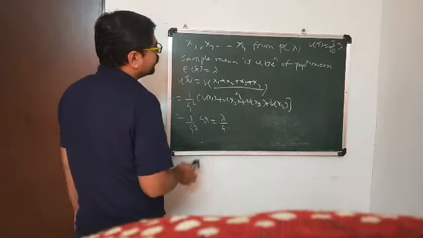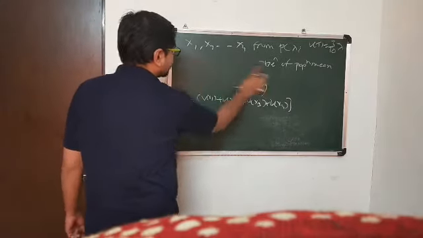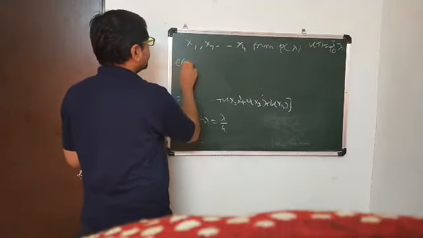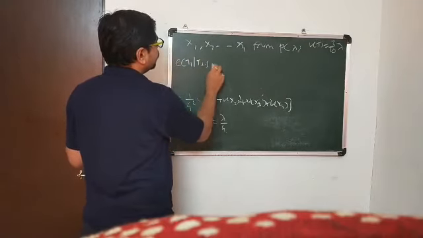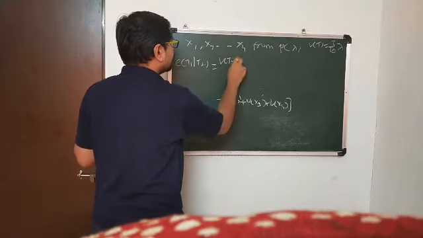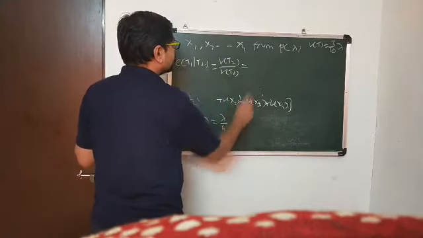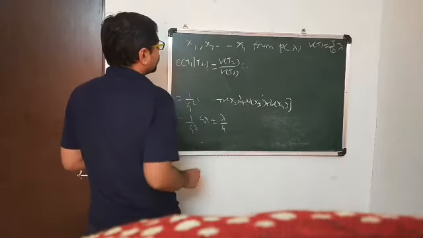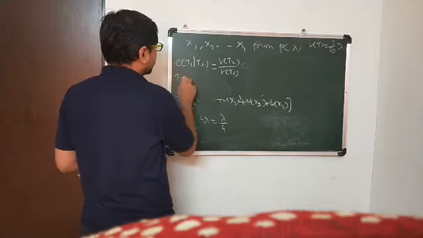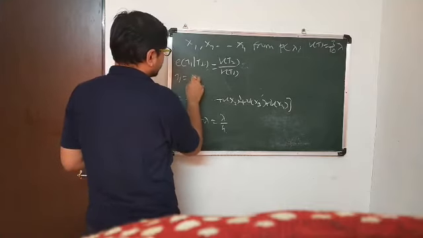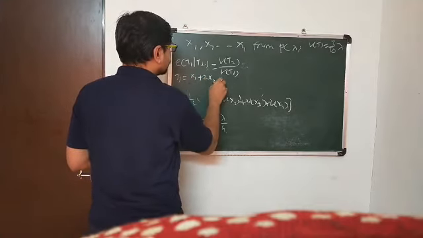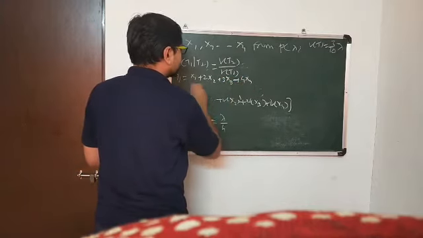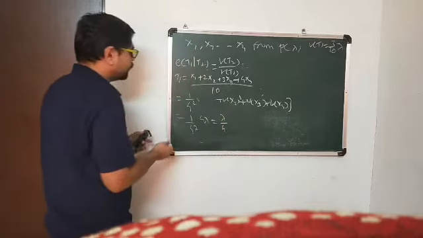Now we will go to calculate efficiency. Efficiency of T1 given T2 is defined as variance of T2 divided by variance of T1. So here our T1 is (X1 + 2X2 + 3X3 + 4X4) divided by 10, and T2 is X bar.